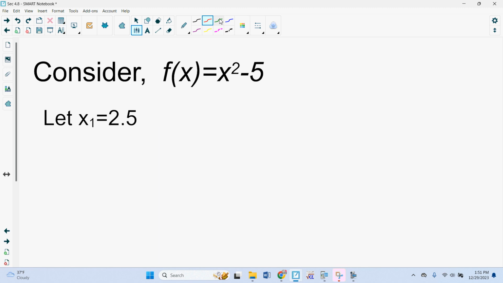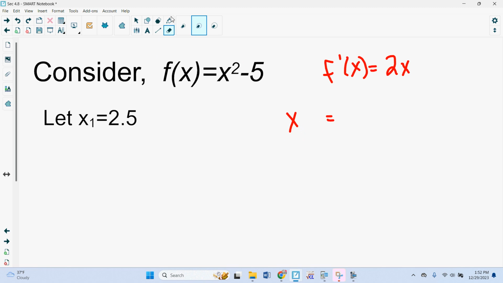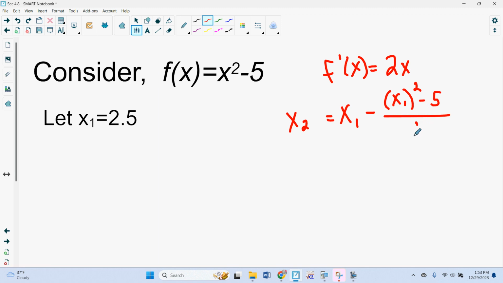Okay. So let's do an example. Let's go back to our x squared minus 5. So first, my derivative is 2x. So my formula, if we have x2, would be x1 minus x1 squared minus 5 all over 2 times x1.